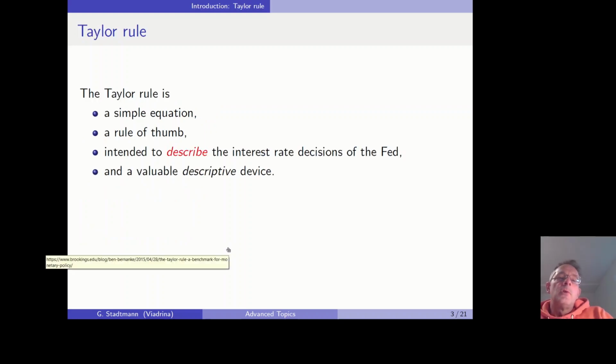So the Taylor rule was regarded to be a simple rule, like a rule of thumb, intended to describe the interest rate decision of the Fed. It should be a valuable descriptive device. However, this view changed over time.